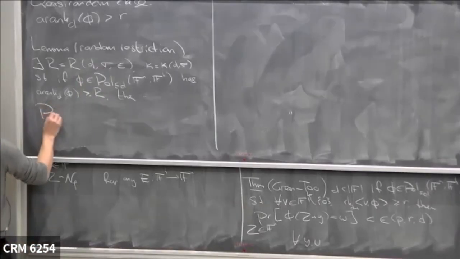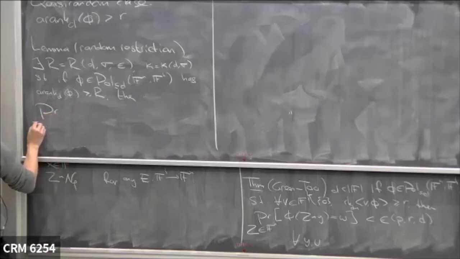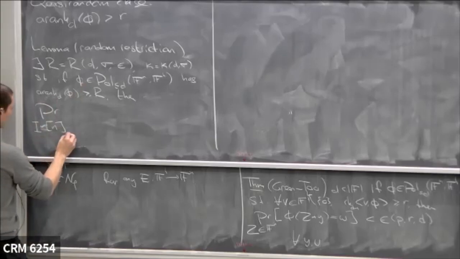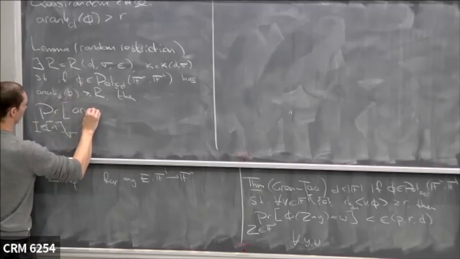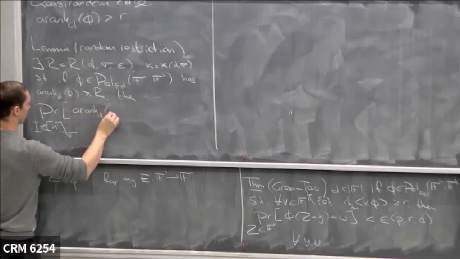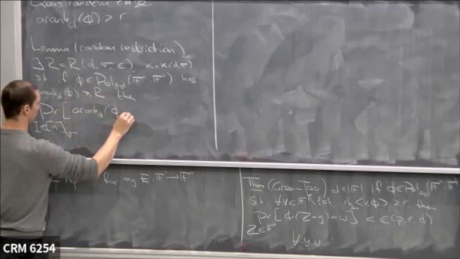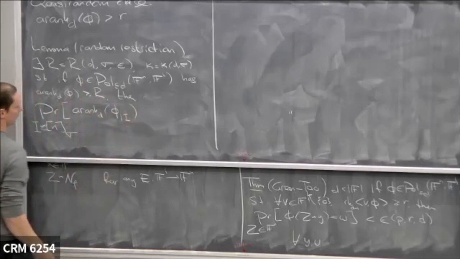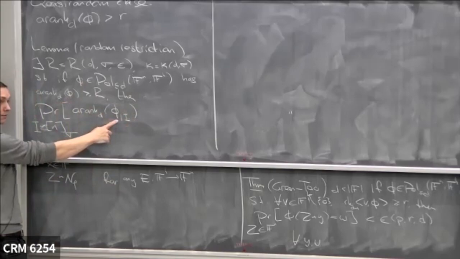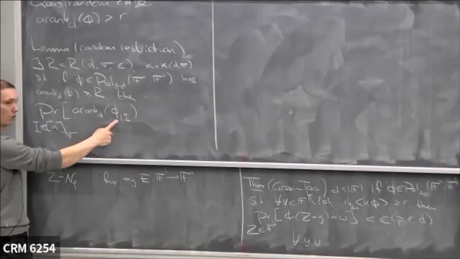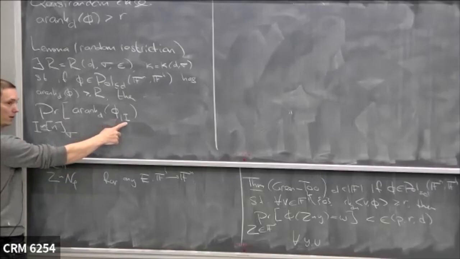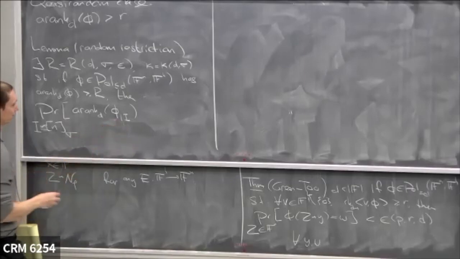So more precisely, the probability over a Bernoulli random set I of the coordinates on which phi is defined, where each coordinate is present independently of the others with probability sigma, the analytic D rank of the restriction of phi to this coordinate set, which is what you get by evaluating phi only on those vectors that are 0 outside of I, so it's kind of the restriction.